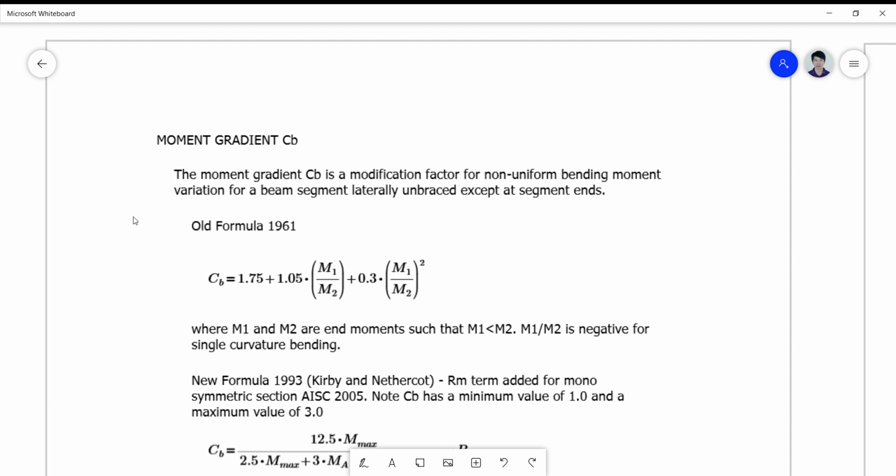This moment gradient Cb is a modification coefficient for a non-uniform bending moment variation for a beam segment laterally unbraced at segment ends. So we are referring here to segments.